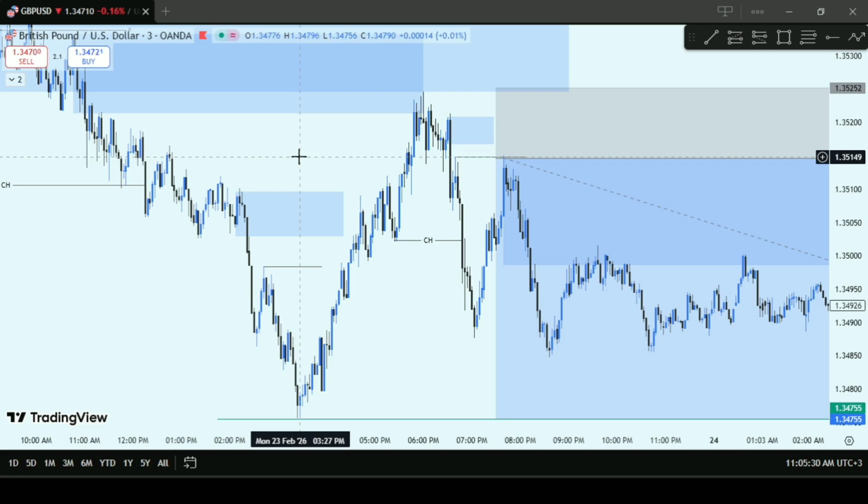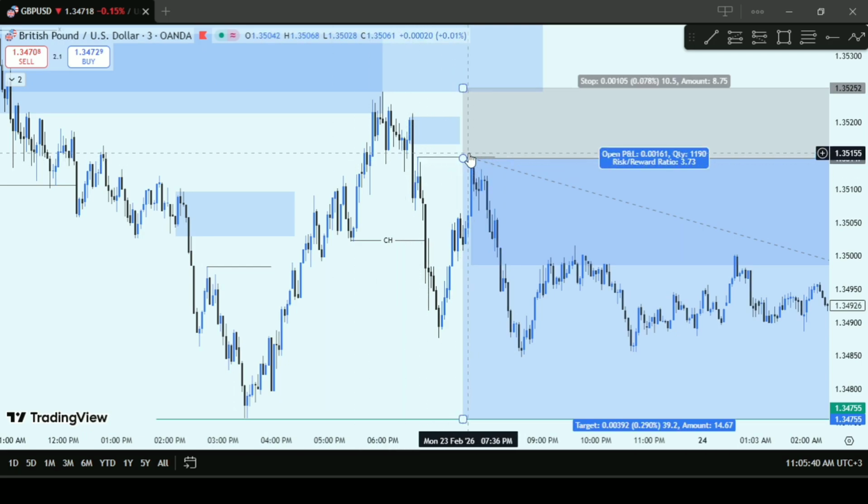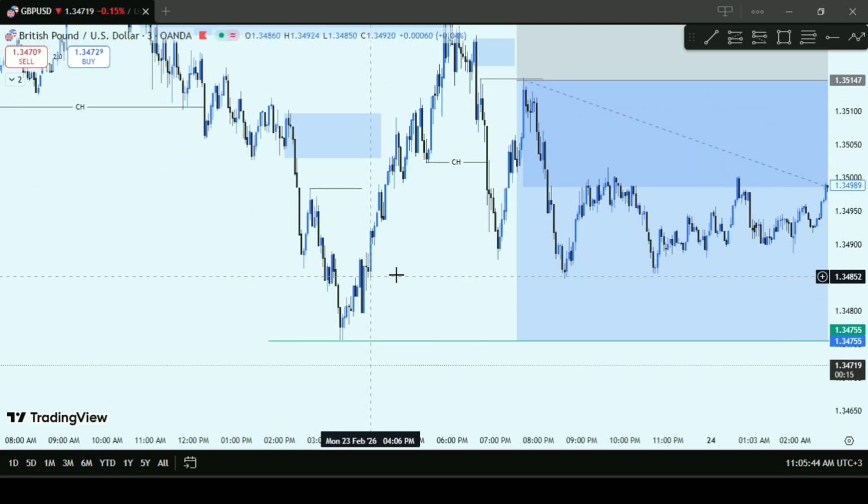So that's why you see my entry was on this inducement here, and after price swept this inducement, price went straight down to our TP.